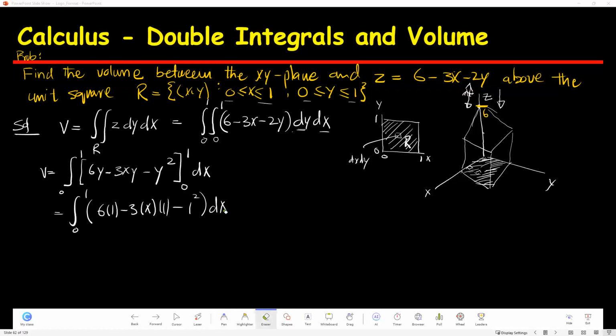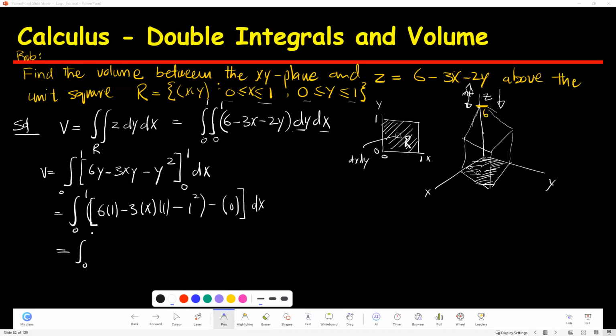I'm going to add another step just for simplicity. When you put in y equals 0, everything becomes 0, the whole expression becomes 0. Then I close this parenthesis and it says 1, dx. I'm going to simplify this one a little bit.